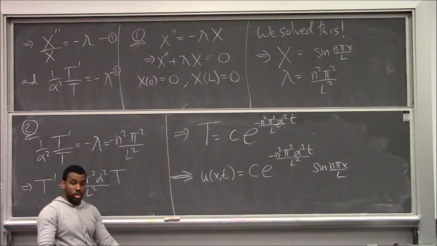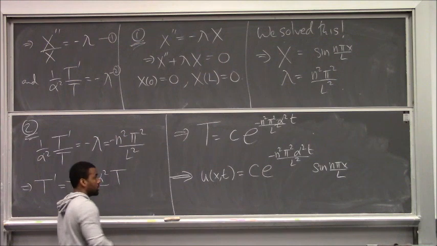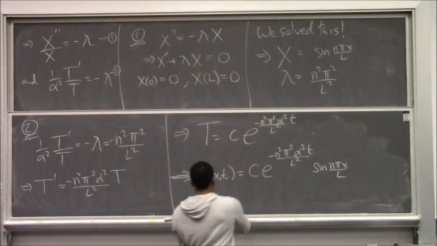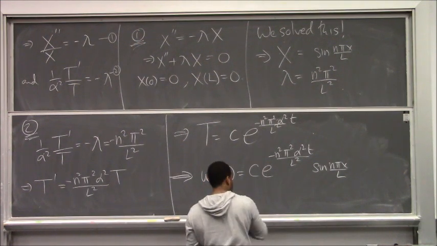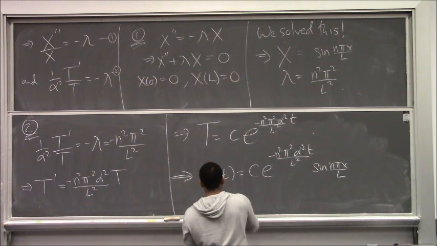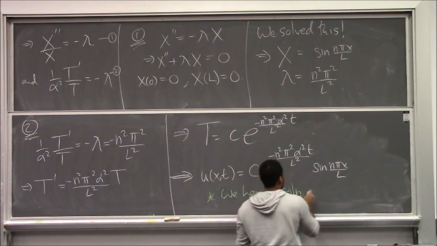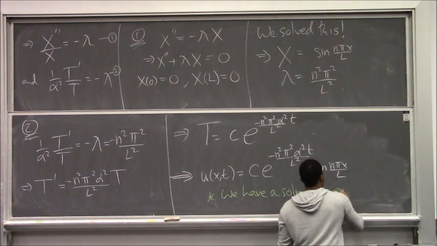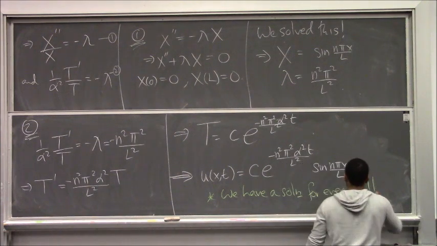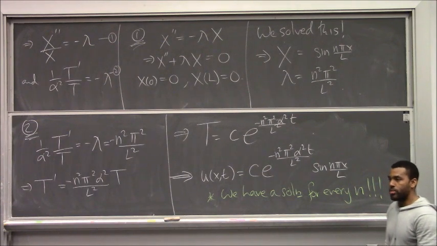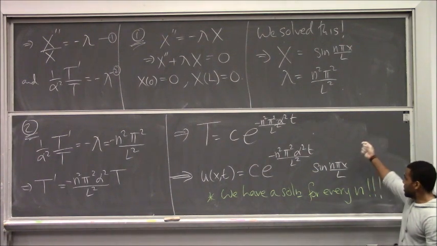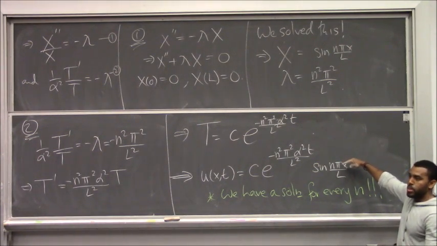Now, another crucial observation. We actually have a solution for every n, right? This guy's going to have the right period no matter what I plug in for n.